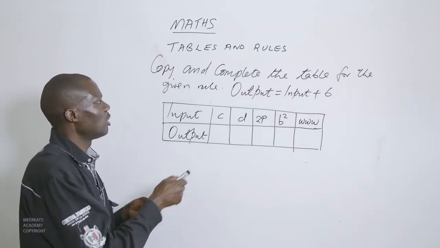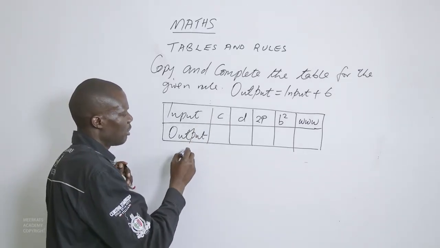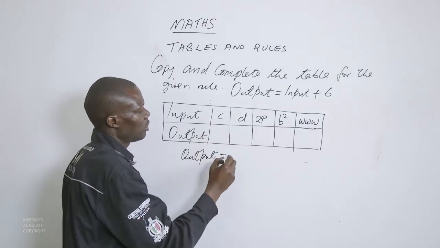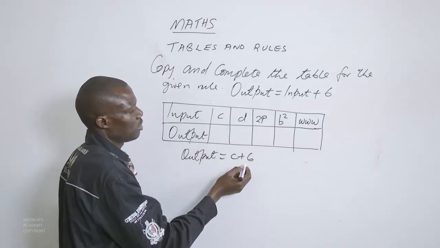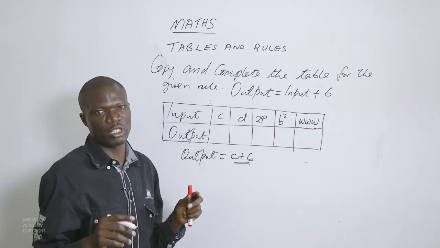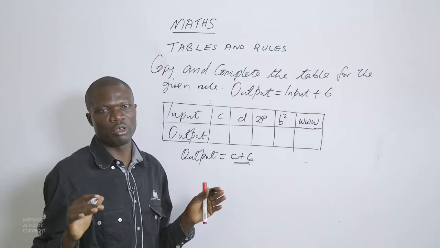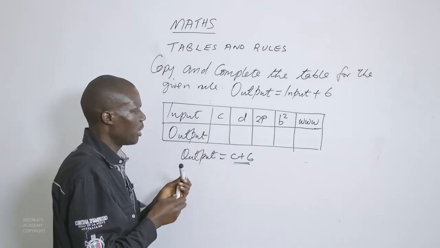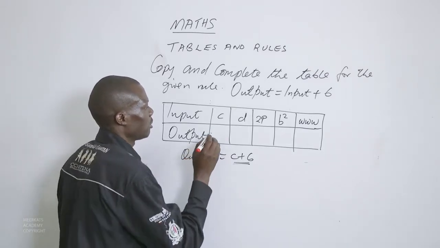For the first one, our output is equal to input, which is C, plus 6. It cannot be simplified further, which means if there is a possibility of simplification, simplify. So this one will remain as C plus 6.